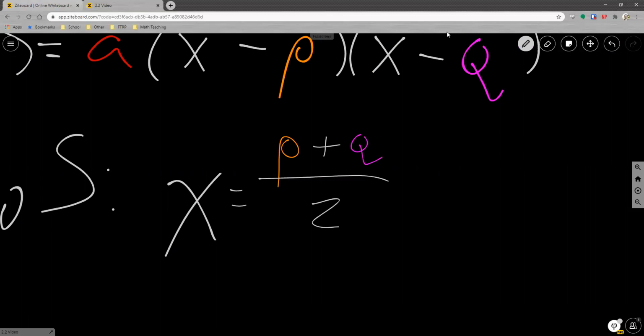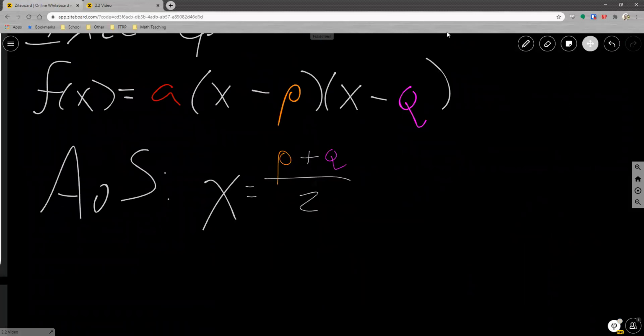In other words, I'm finding the average of my p and q values. So that's a very straightforward axis of symmetry equation. Not as straightforward as the vertex form, but definitely easier to compute than the standard form.